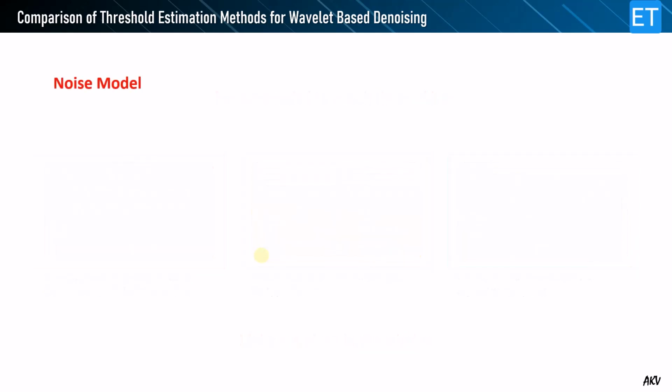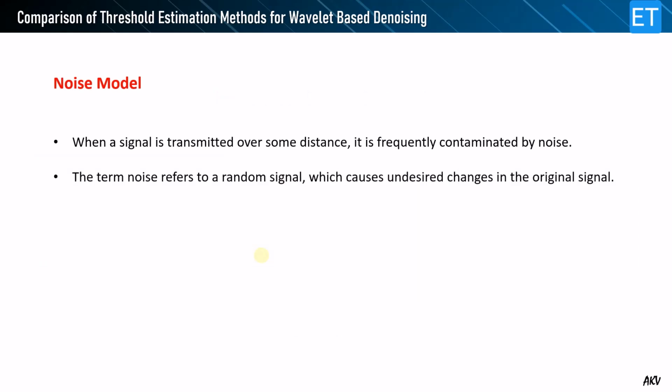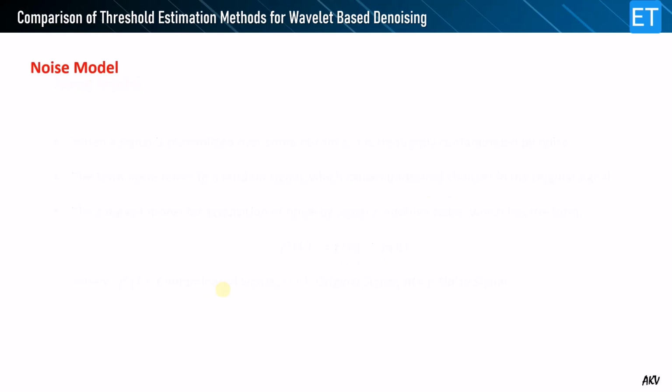So now let me explain what the noise model is. When a signal is transmitted over a distance, obviously it is contaminated by noise. The term noise here refers to a random signal which causes undesired changes in the original signal. The simplest acquisition model is that this is your original signal and this is the noise signal, and noise is added to your audio signal, and that gives you the contaminated signal f_k.